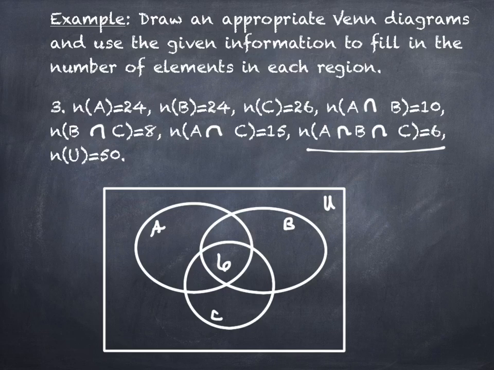What needs to go here so that these 2 add up to 15? 9. Right, we subtract 15 minus 6 and get 9. So now these 2 add to 15. There is no 15 written down on my chart though, right? There isn't, but the 2 pieces add to 15.